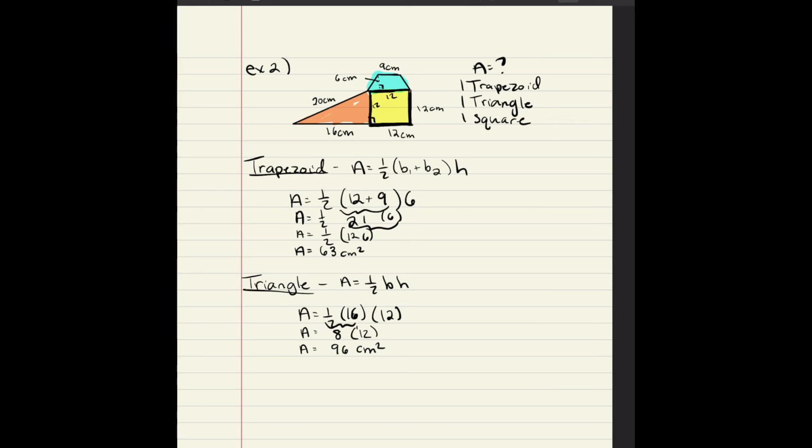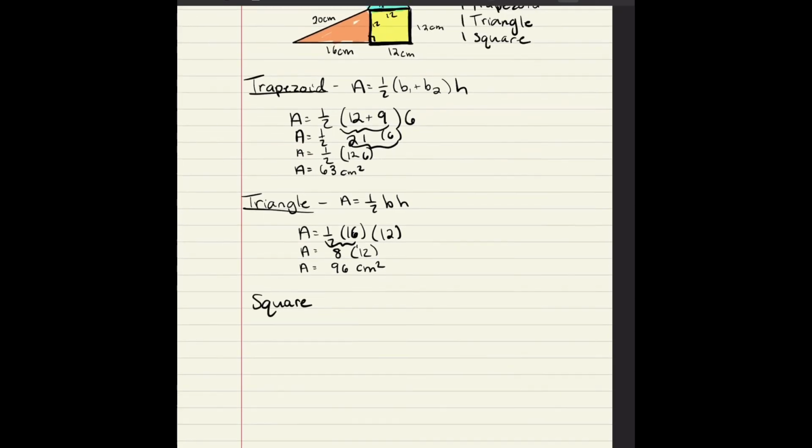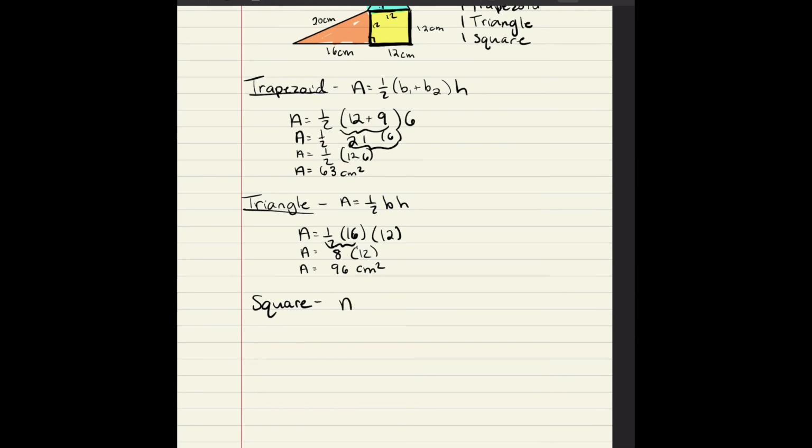Now I need to find the area for my square. So the formula is A equals side squared. So my side length is 12, so it is 12 squared. So area equals 12 times 12, which is 144 centimeters squared.